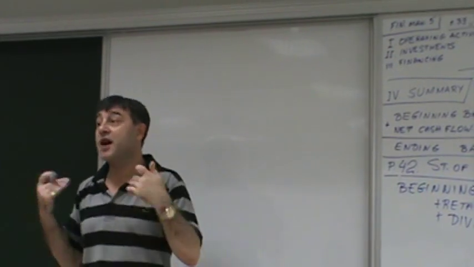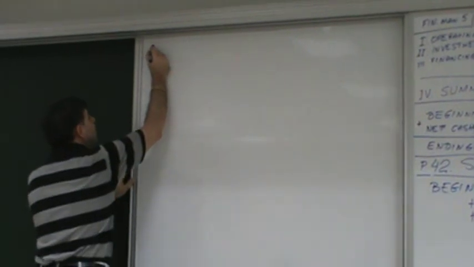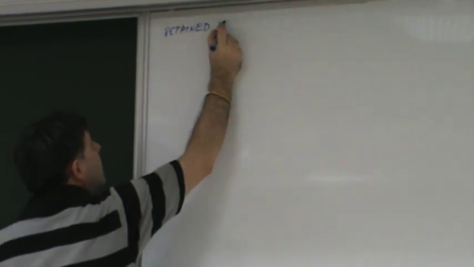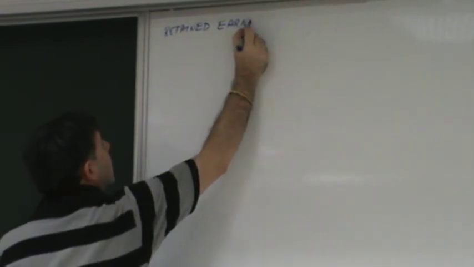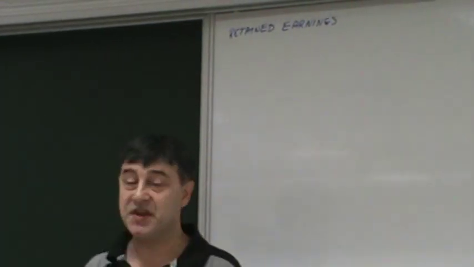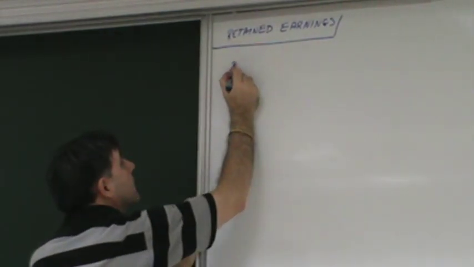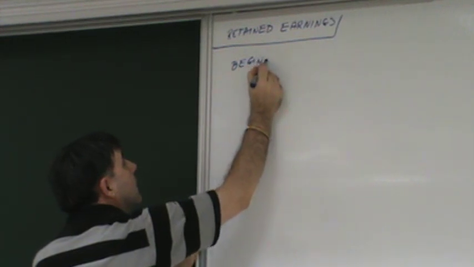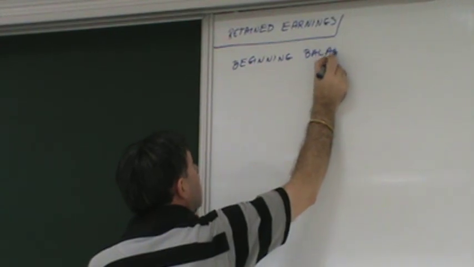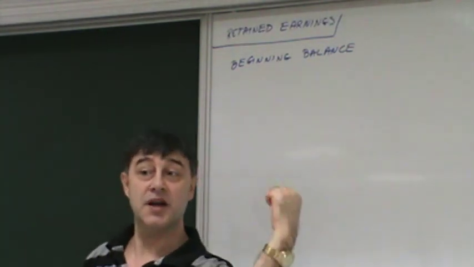Now, let's explain and open a new section to make it simpler and easier so that I can understand it. And it's fairly simple. You have retained earnings. This is what we call the old retained earnings, beginning balance. So this is the retained earnings you start from last year.